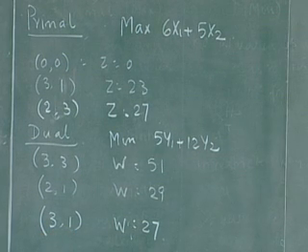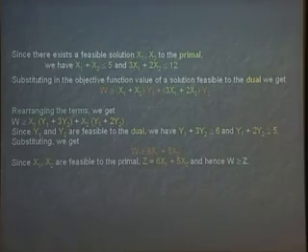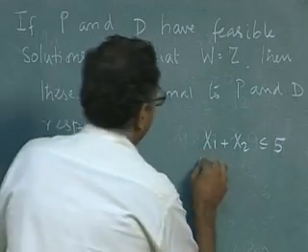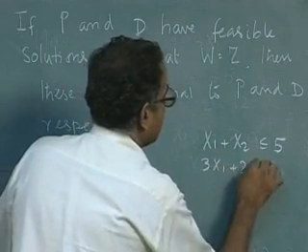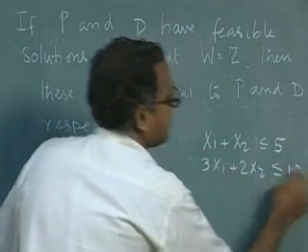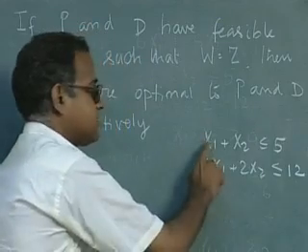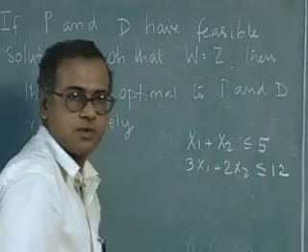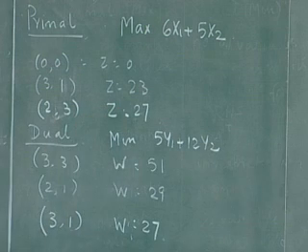Now let us go back to the problem. The primal constraints are x1 plus x2 less than or equal to 5 and 3x1 plus 2x2 less than or equal to 12. Now 2 comma 3 satisfies, 2 plus 3 equal to 5, 6 plus 6 equals 12 and has an objective function value of 27.